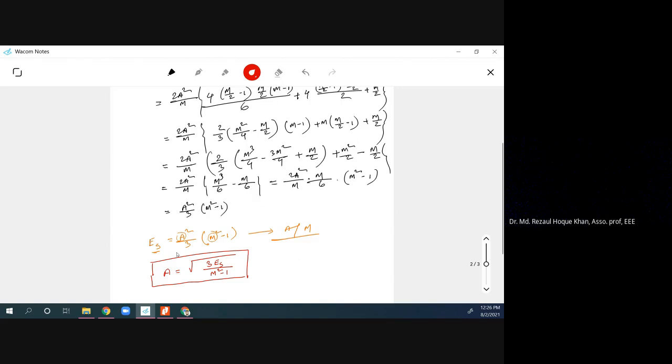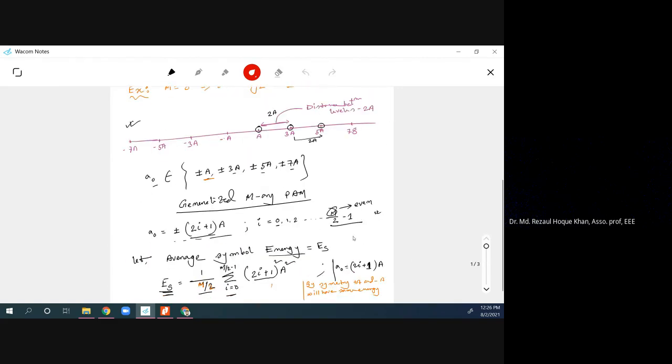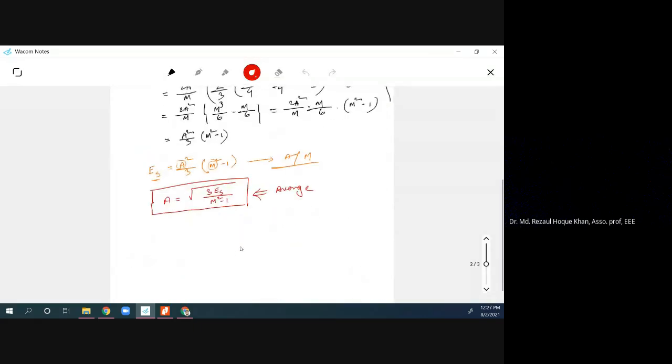So this is the average symbol energy, Es.